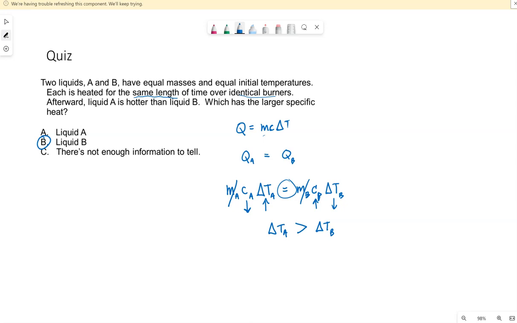Specific heat is always related to the amount of energy needed to change the temperature of a 1 kilogram mass of that material by 1 Kelvin. So if we have the same mass and we put in the same energy, a larger specific heat means a smaller change in temperature.